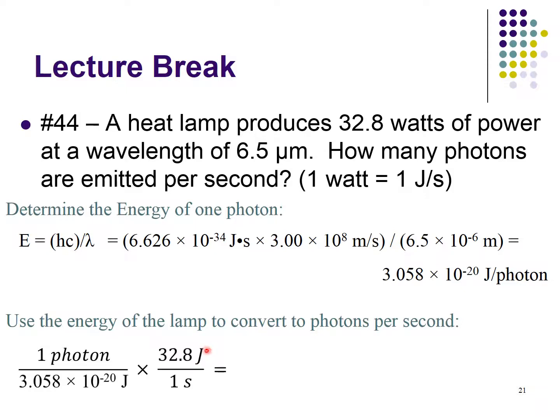So when we set it up like this, the joules cancel out. We're left with photons per second. 1.07 times 10 to the 21st photons per second. This is a common type of problem, and really this is the last step of any of those problems, is using the energy of an individual photon and the energy of the entire lamp to make that last conversion.